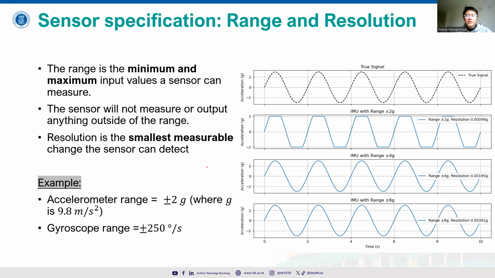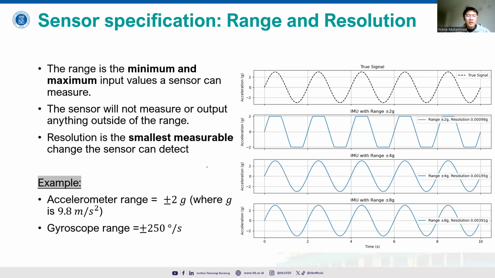If we're talking about the sensors used in our INS system, of course we'll have the sensor specifications. For example, the most common sensor specifications we're going to talk about are the range and resolution of the IMU. It's basically the capability of the sensor.